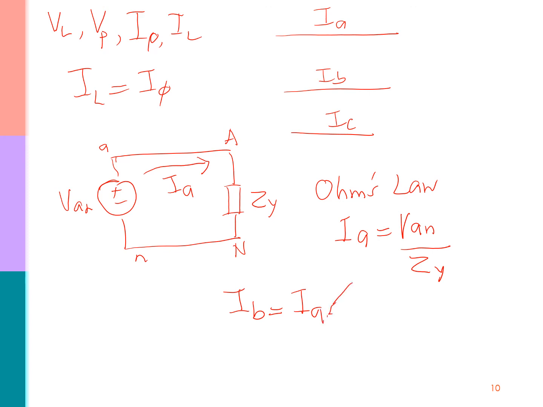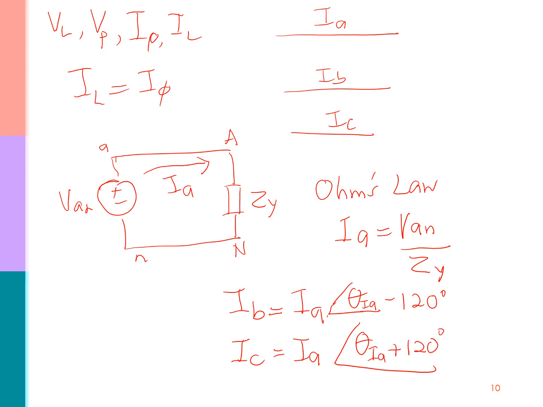The angle for IB is the angle of IA minus 120 degrees for a positive sequence, while for IC you use the same magnitude of IA with the angle of IA plus 120 degrees.